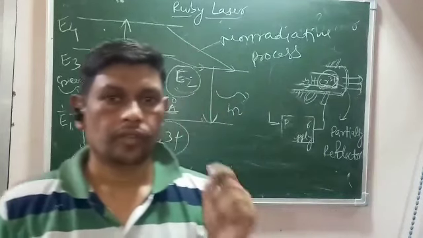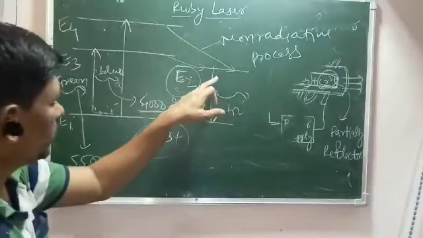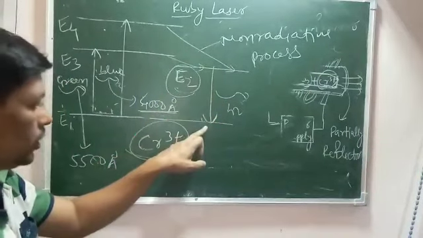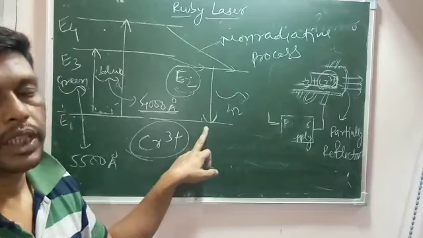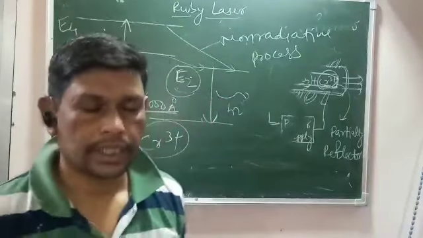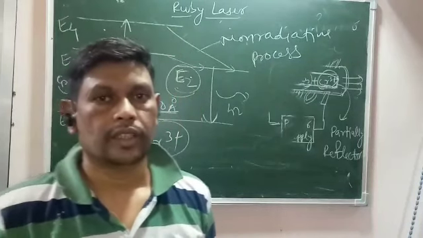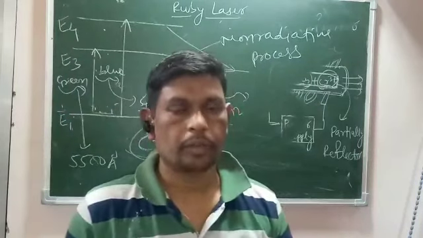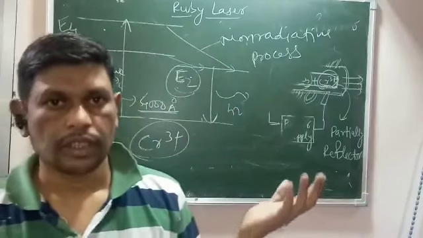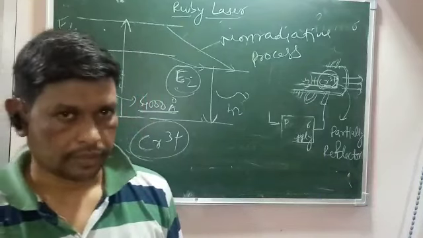But when one of the particles undergoes E2 to E1 by spontaneous emission, that emitted radiation does not go outside, because there is a resonant cavity in the ruby crystal.